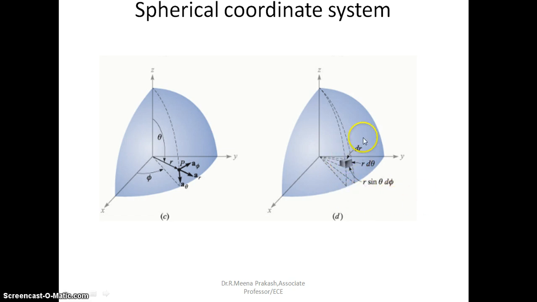So the incremental surfaces will be r dr d theta, r square sin theta d theta d phi, and r sin theta dr d phi. The incremental volume will be the product of these three, that means r square sin theta dr d theta d phi.